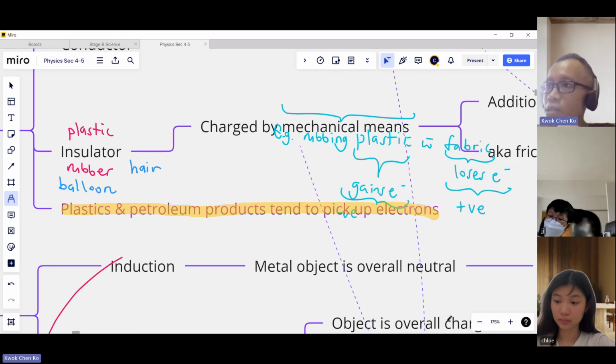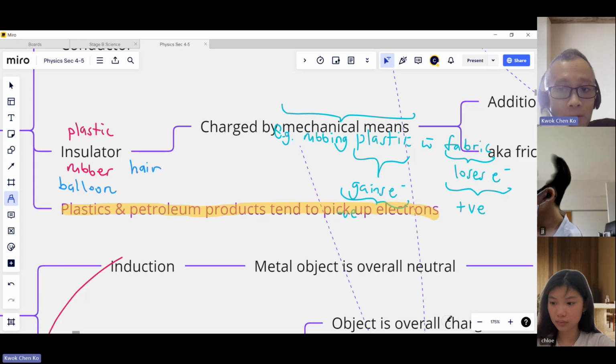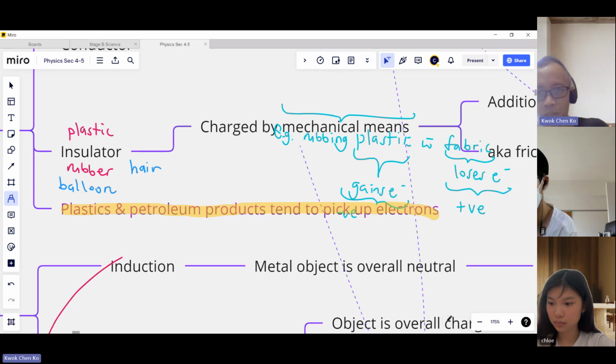Okay, plastics. Of course, you guys may not be so familiar with the different kinds of plastics, but in general, plastics tend to become negatively charged. You just may want to take down this point. I'm not saying that it's going to come up, may or may not.